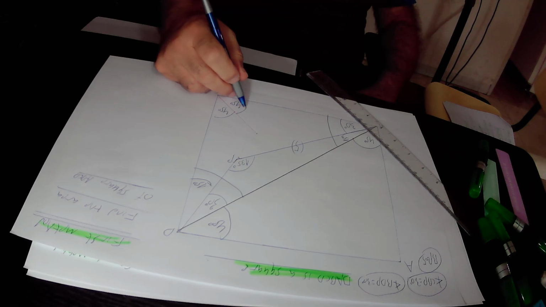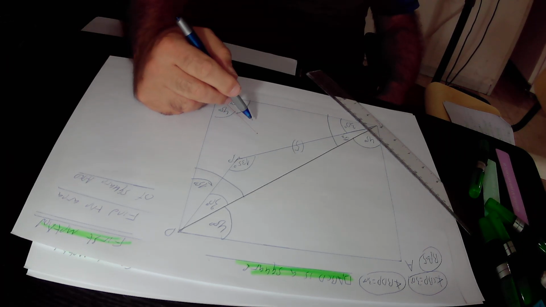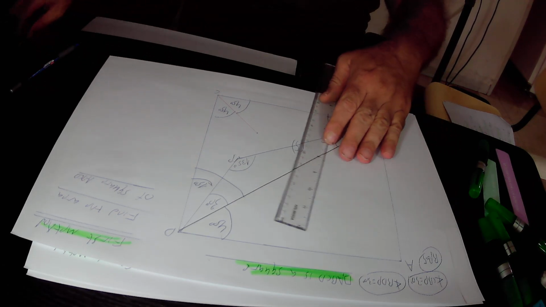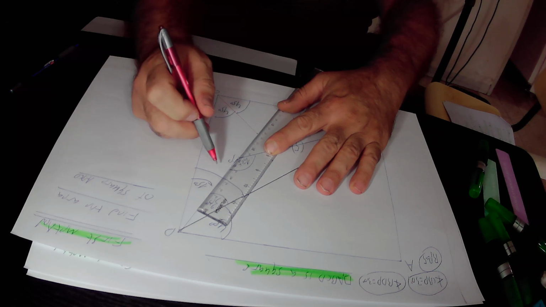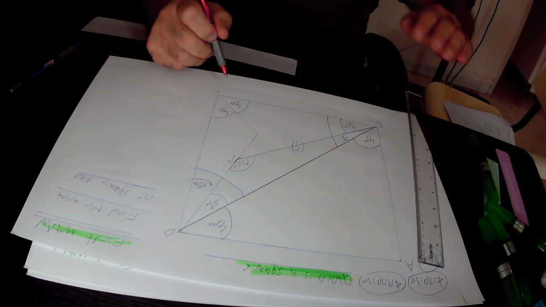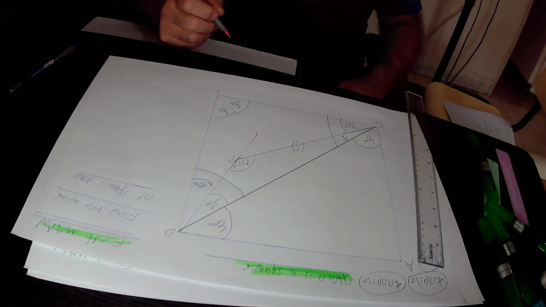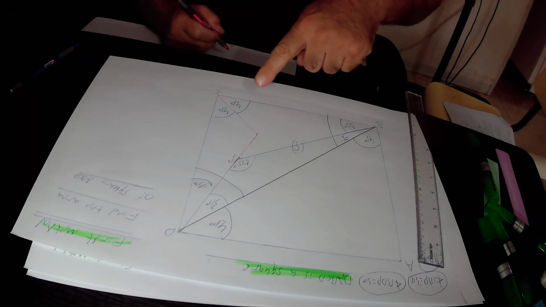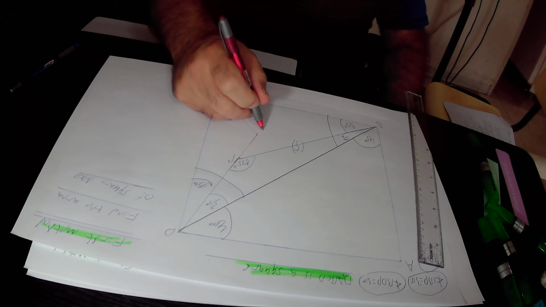In the next step, we extend line DP until it touches the angle bisector, and we define the touching point of the extended line DP with this angle bisector. This point is point Q.